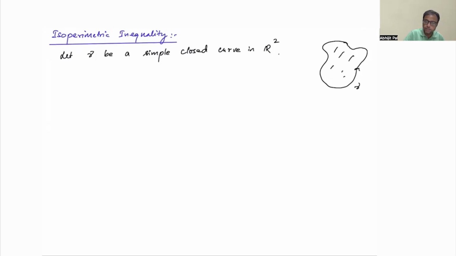Now if I take this region and take the area of it, the isoperimetric inequality tells you that the area of the region, which I call the interior of gamma, is less than or equal to 1 by 4 pi times the length of gamma squared.